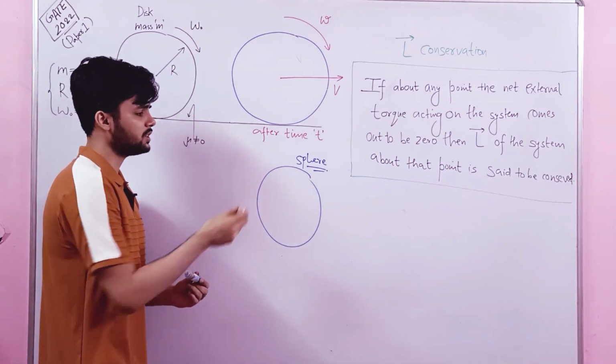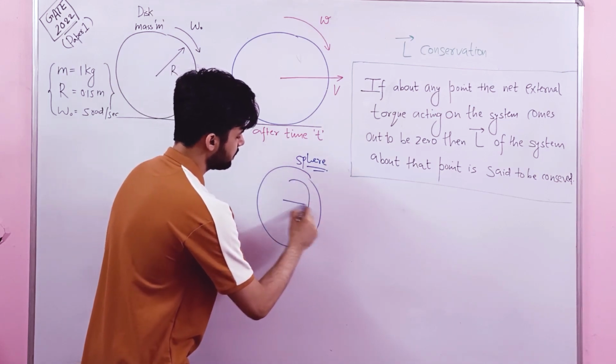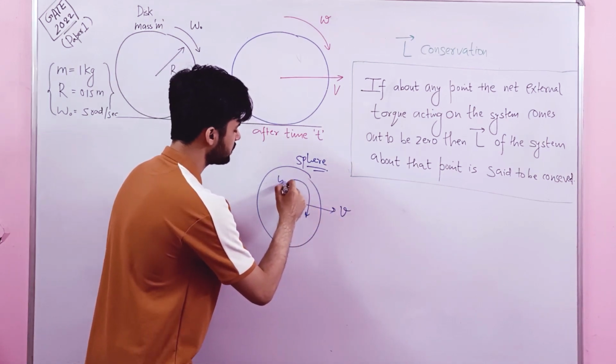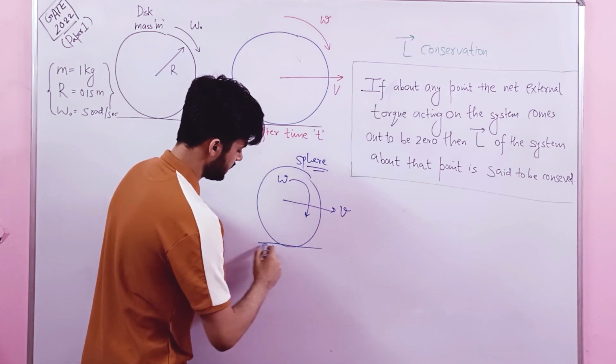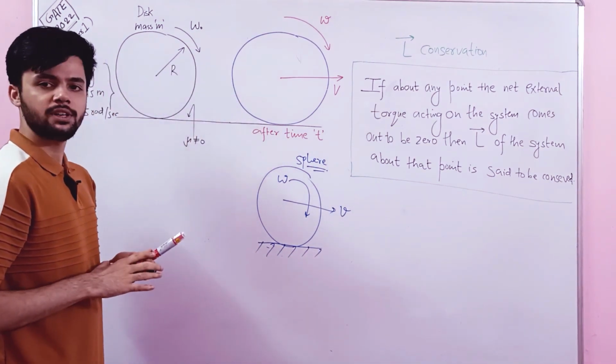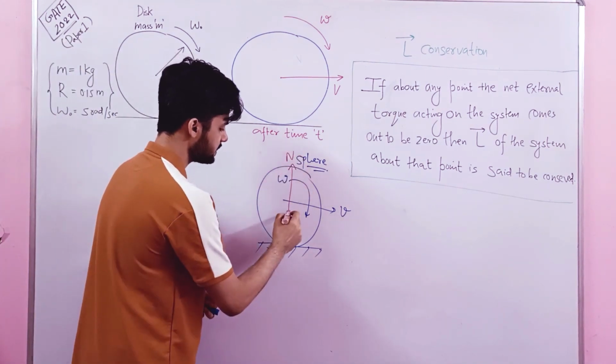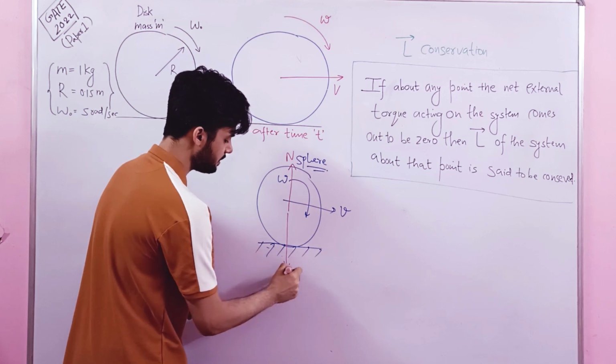If I draw the FBD of the sphere, suppose this sphere is pure rolling, going with velocity v and omega, kept on a floor. If I draw the free body diagram of this sphere, I will see there is one normal reaction from the ground and the second one will be weight.